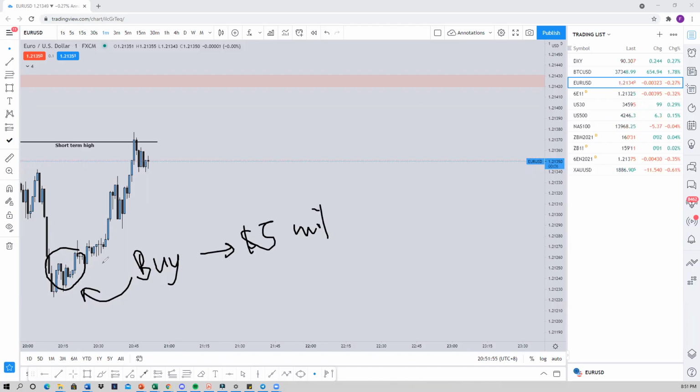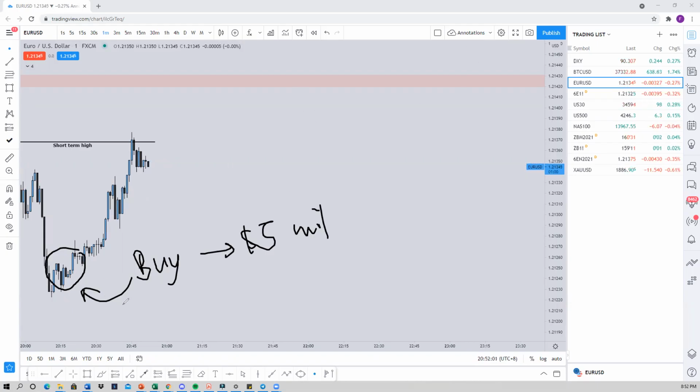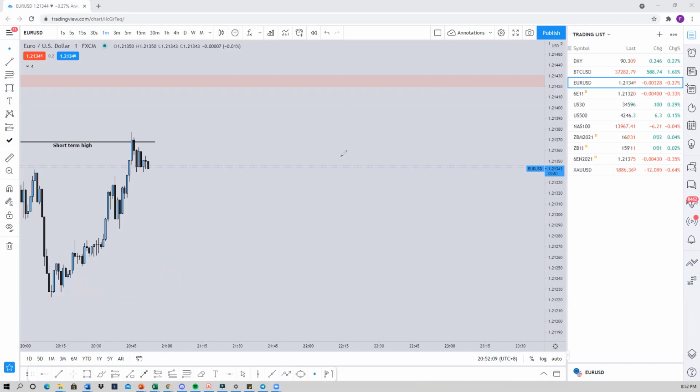When we have a transaction in the marketplace which is large enough to cause a price displacement, that is when you have a certain order flow in a certain direction. If a large corporation has to pay a bank around, let's say, $10 million, essentially they are buying one currency.